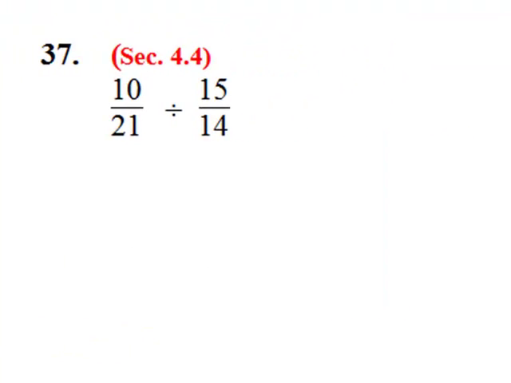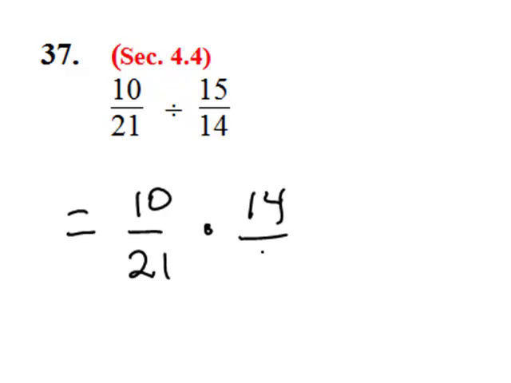Number 37, division of fractions. This requires us to write the second fraction as its reciprocal, and we change division to multiplication. So we have those two changes. Division becomes multiplication, and the second fraction becomes its reciprocal.